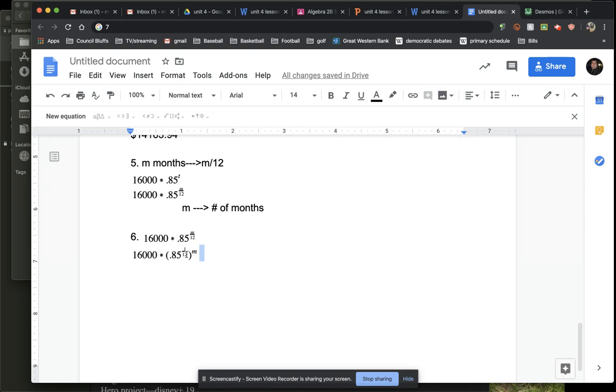M over 12 is the same as 1/12 times m. If I multiply 1/12 times m, then I end up with m over 12.